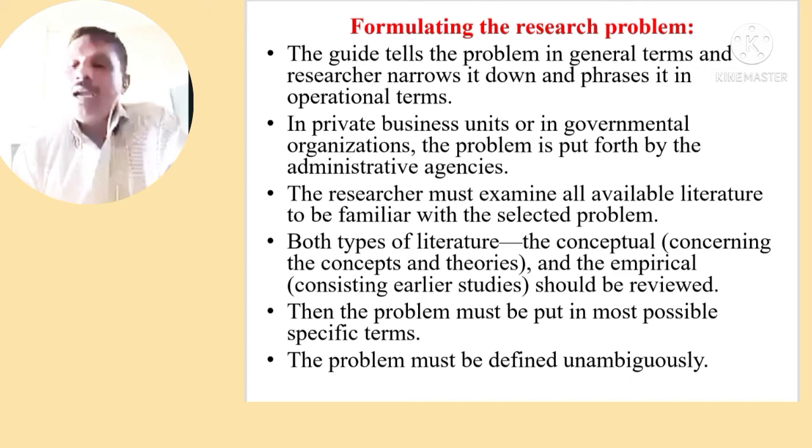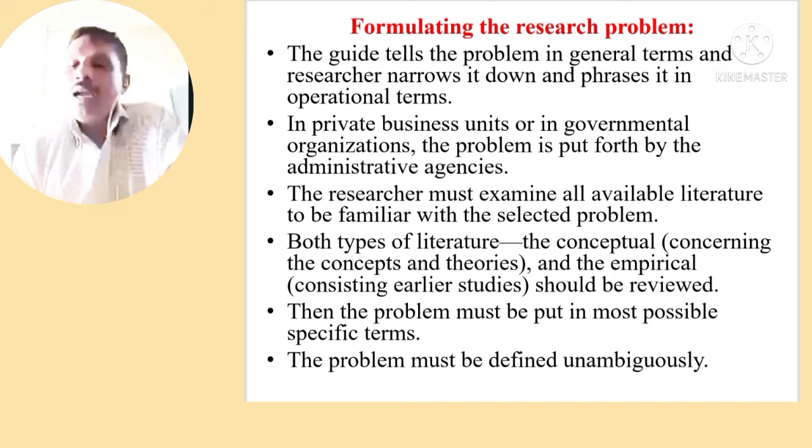Now, how do you find this literature? We have seen that there are two types of literatures, right? What are the two types of literatures? One is the conceptual literature, and the second is the empirical literature. What is the data or literature available with you? That is conceptual and empirical.